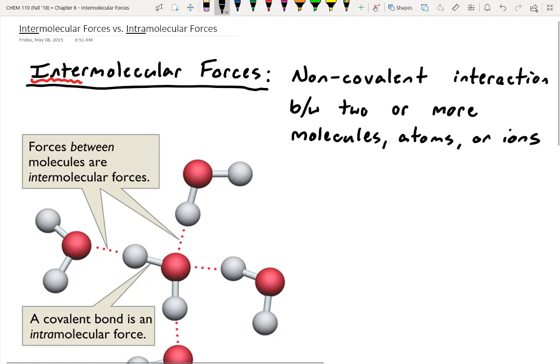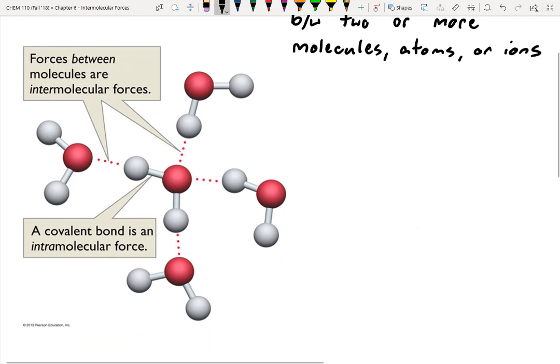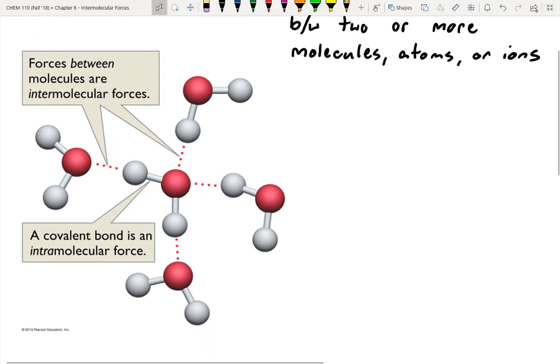So in the example picture that I have shown here, we've got a bunch of water molecules, so it's H2, 2 hydrogens for every oxygen. So it's H2O, and these water molecules like to stick together a lot. So an example of an intermolecular force can be seen right here and right here. So it's basically these water molecules sticking together.